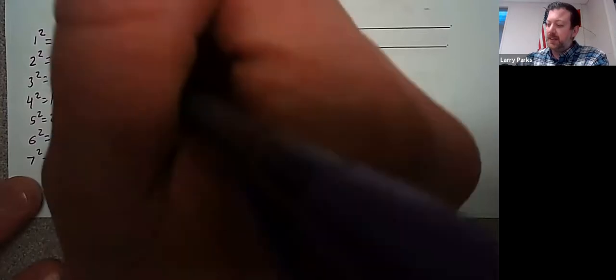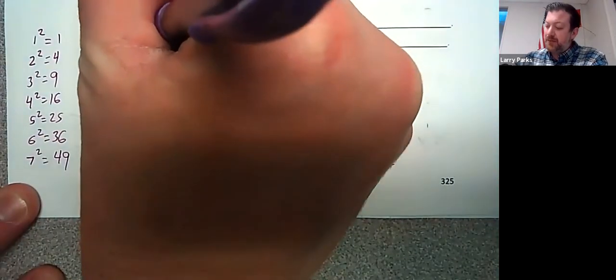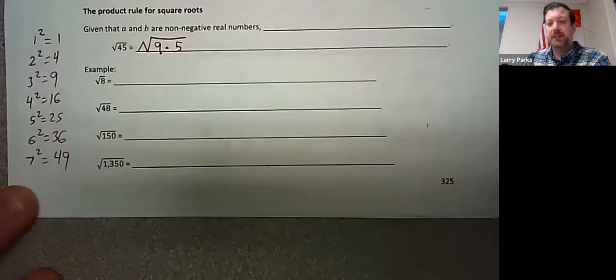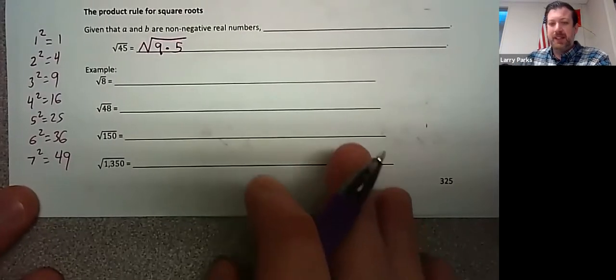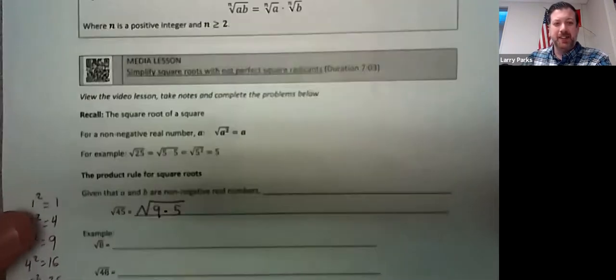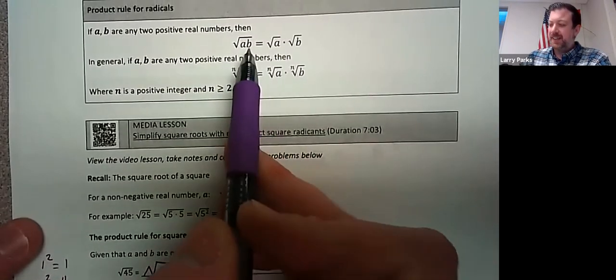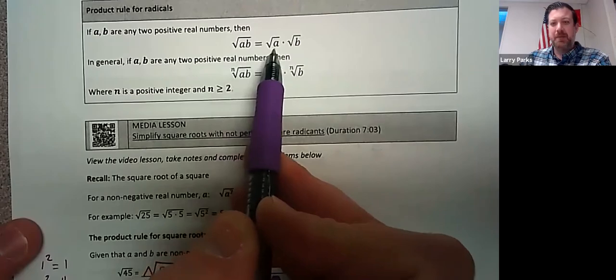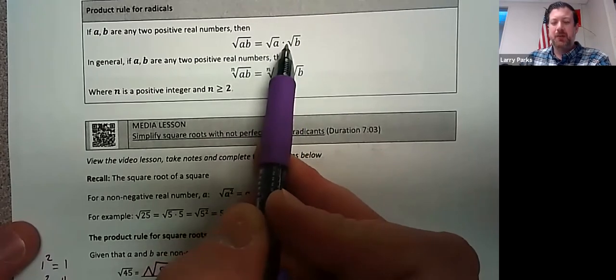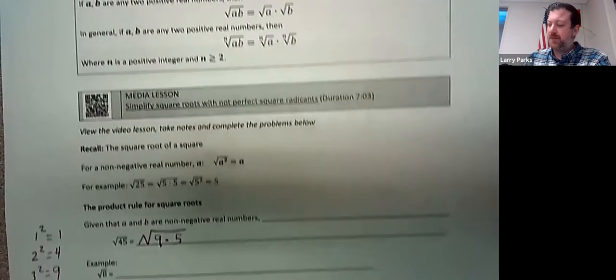So we're going to write this as the square root of 9 times 5. But just like up here, we said if you have a product, you could break it up into the 2 radicals with the operation of multiplication.